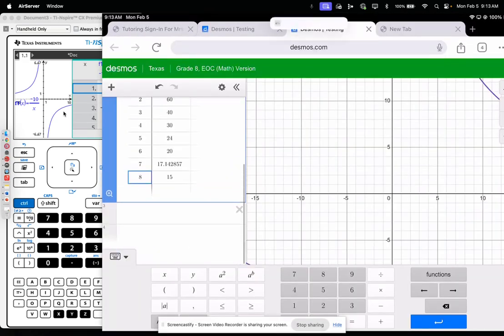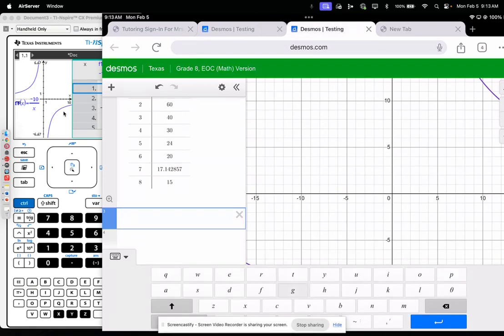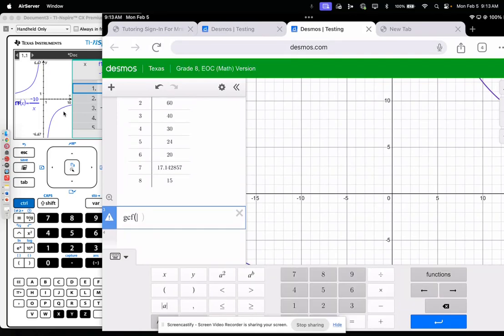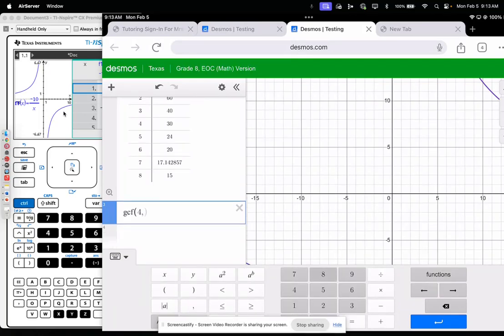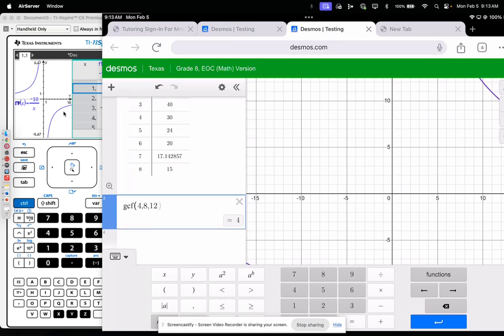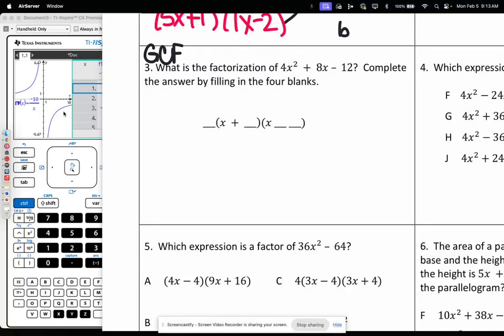You would physically type GCF, then parentheses 4, 8, 12, and it tells us 4. When you take out that GCF, remember you are dividing everything by that GCF. So if we take out a 4, we're left with x squared plus 2x minus 3.